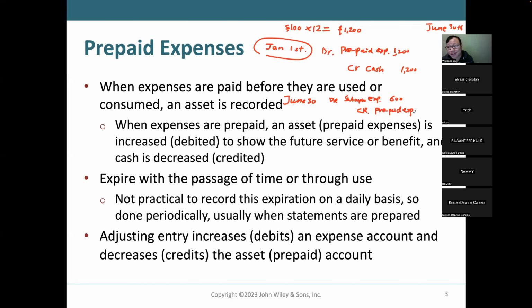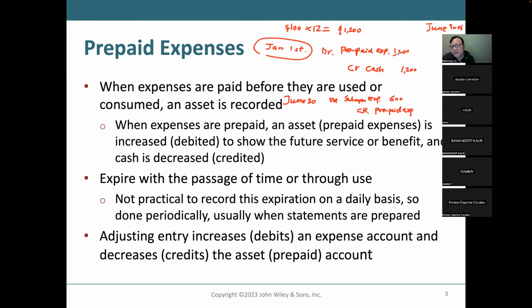On January 1st, you have 12 magazines to come. But on June 30th, you only have 6 magazines to come. So therefore, the benefit is less. It's only half. Your asset value should be only half.